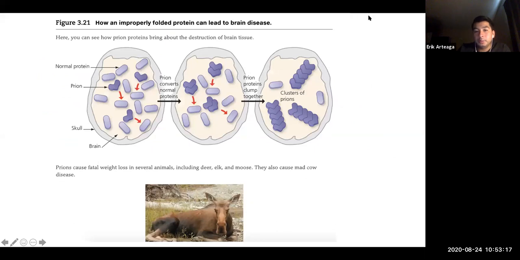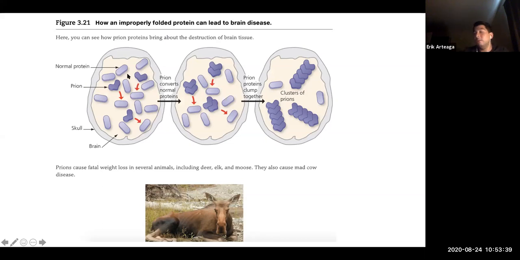All right. So another thing about proteins, improperly folded proteins or denatured proteins can lead to brain diseases, right? So prions cause fatal wasting diseases, including scrapie in sheep. This is also a prion disease, also mad cow disease.